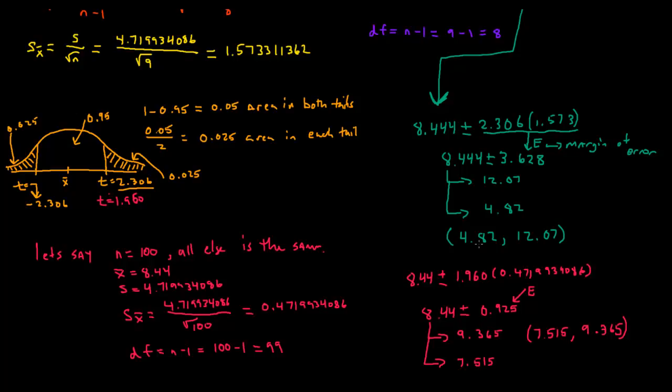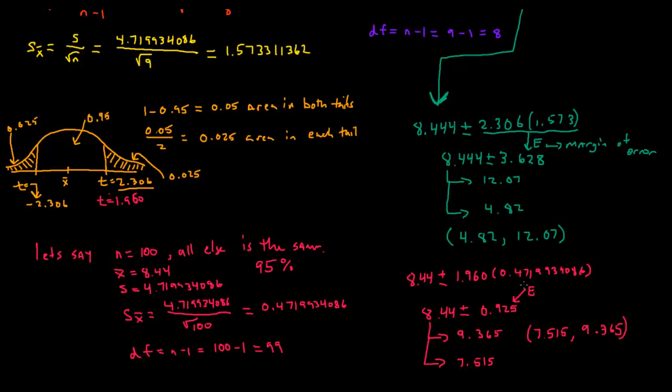So, just like before, the moral of the story is if you need to decrease the margin of error without decreasing confidence, because we're still at 95% confidence here, we didn't decrease that. So the only other way to decrease the margin of error is to decrease your confidence, but we don't want to do that, so we increase the sample size and we get a much smaller margin of error.